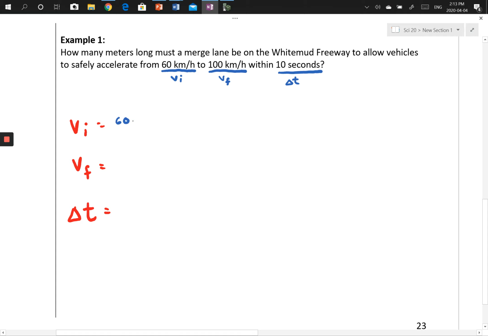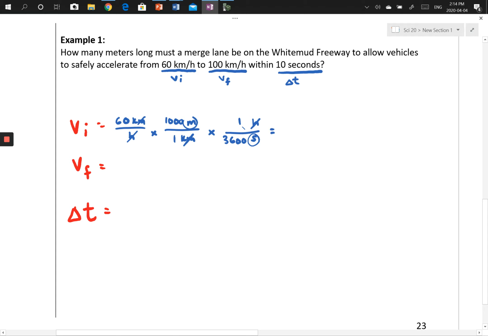And so we have to change these. If we think back to how we did this conversion, we take 60 kilometers per hour. I want meters. It's 1,000 meters for every 1 kilometer. Kilometers will cancel. Then I want seconds on the bottom, so my hours are going to cancel if I put 1 hour, which is 3,600 seconds in my data booklet. Remember, we learned a shortcut: multiplying by 1,000 and dividing by 3,600 is the same thing as dividing by 3.6.